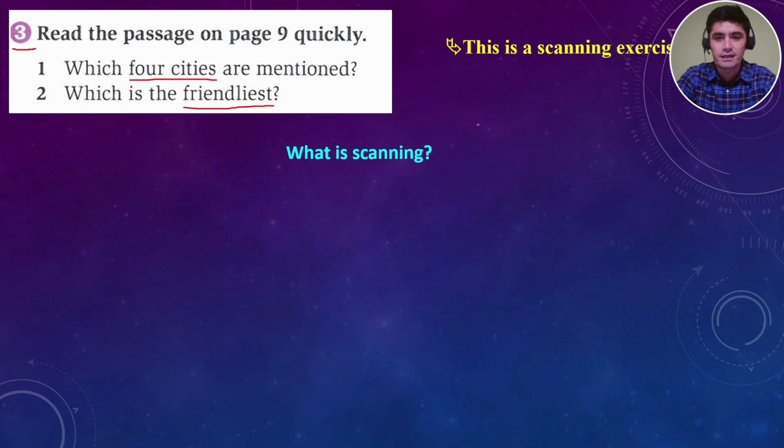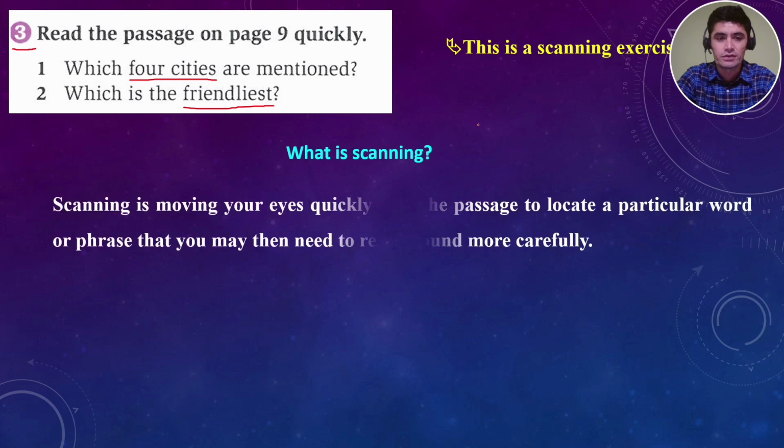What is scanning? Let's understand scanning first. Scanning is moving your eyes quickly over the passage to locate a particular word or phrase that you may then need to read around more carefully. If we pay attention to these questions, question number 1 is asking us to find 4 cities from the text.